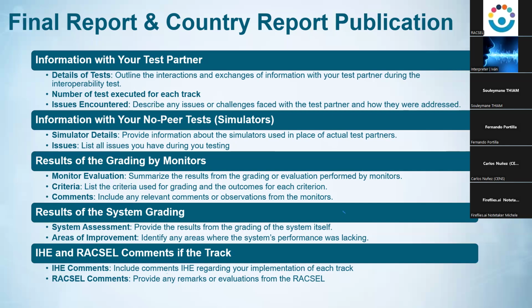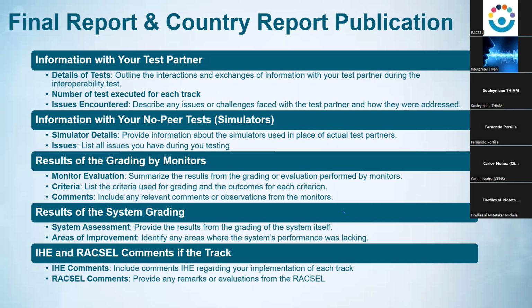At the end of the report, we will add some comments. For example, on TC1, if everything is successful, we say the implementation of the PGQM profile in your system is successful because all the tests you executed during the event were successful.